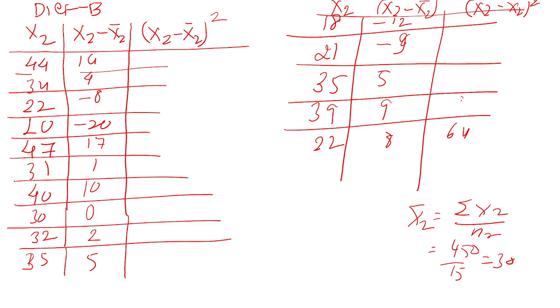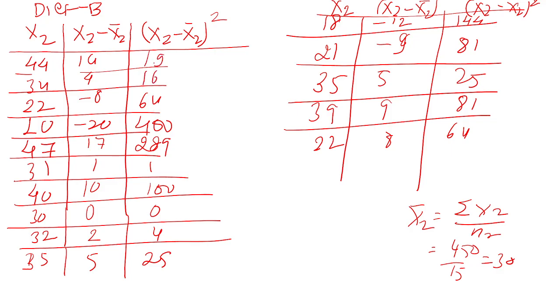This becomes 64, 81, 25, 81, 144. Then 25, 4, 0, 100, 1, and 400, 64, 16, 196.